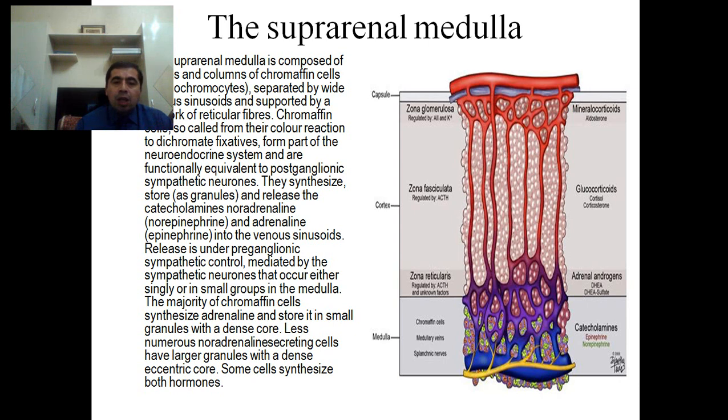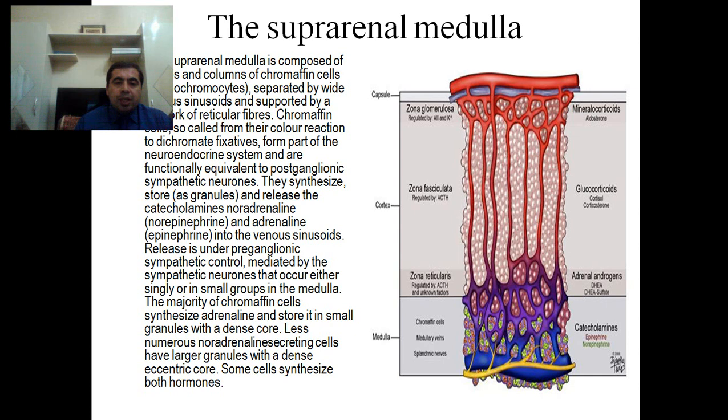Chromaffin cells, so called from their color reaction to dichromate fixatives, as I have noted before, form part of the neuroendocrine system and are functionally equivalent to postganglionic sympathetic neurons because they develop from the sympathetic system. They synthesize and store granules and release the catecholamines, noradrenaline or norepinephrine, and adrenaline into the venous sinusoids.